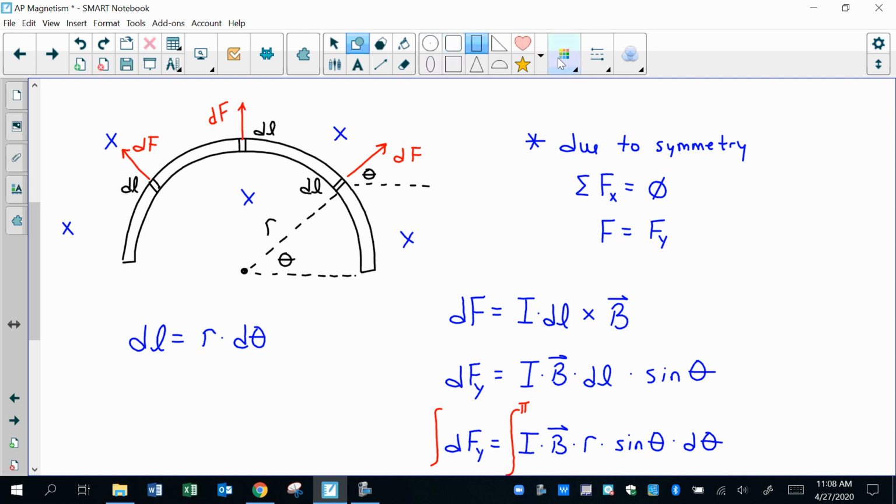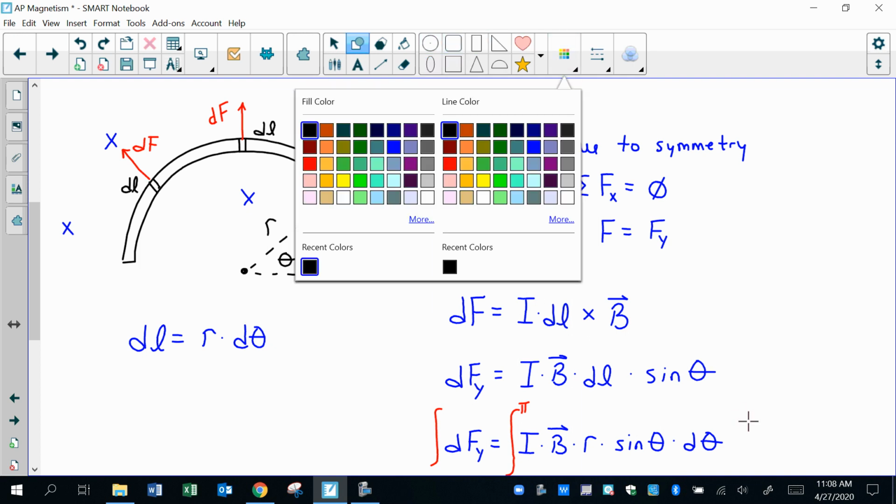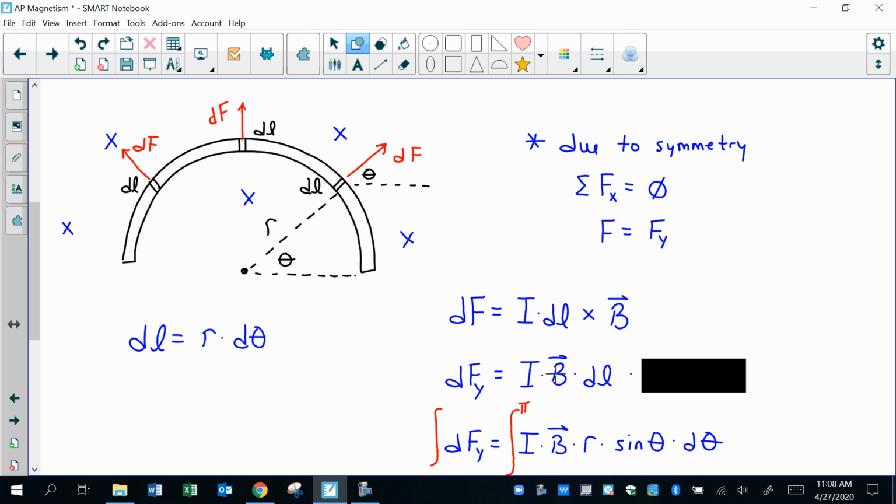If I were to just for a second block this out, that right there is the total force felt by every single segment. But we only want the vertical component, so there's my angle. The sine function gives me my opposite side here, so this is to get the y component.